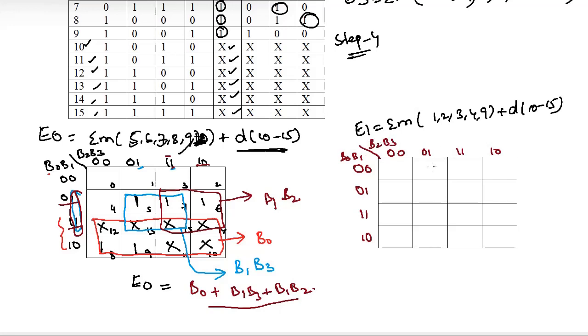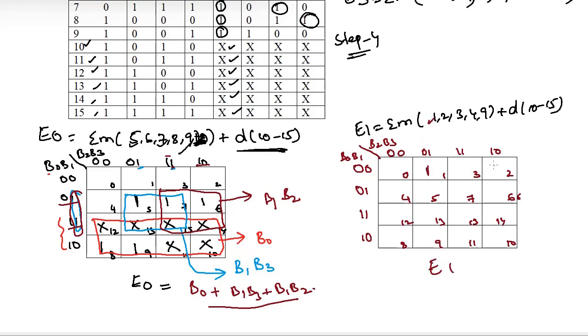The cells are 0th, first, third, second, fourth, fifth, 7, 6, 8, 9, 11, 10, 12, 13, 15, 14. This is the E1 cell.